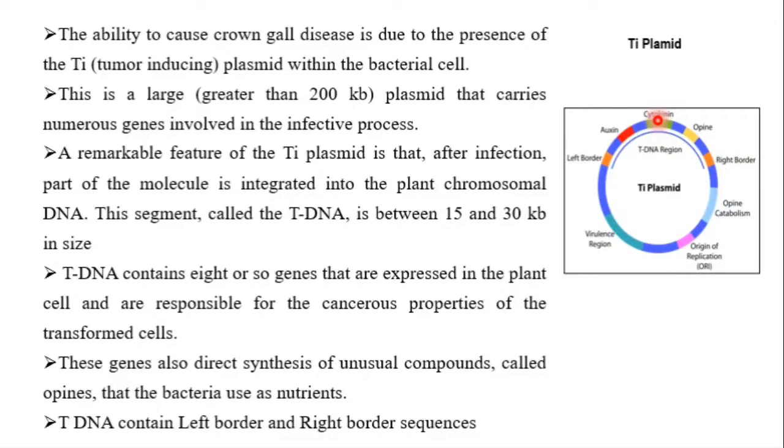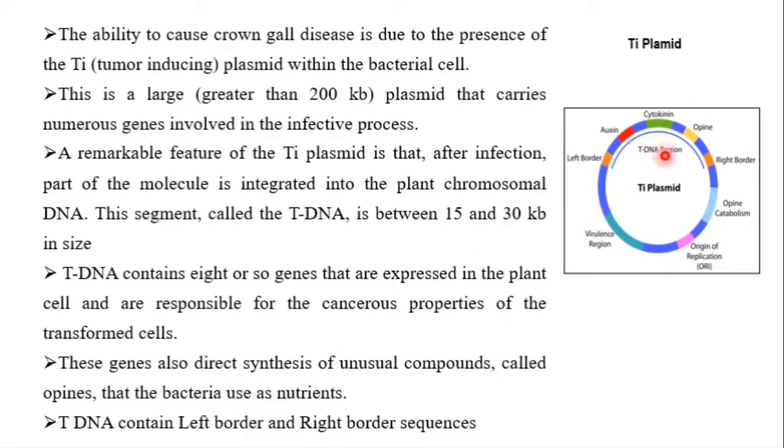And one gene present in the T-DNA region will synthesize an unusual compound called opine. The T-DNA portion also produces this unusual compound, and the opine gene will synthesize opine, and this opine will be used by the bacteria as a nutrient.